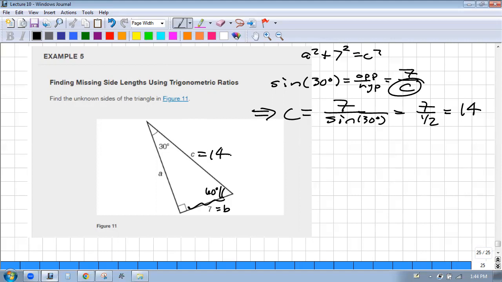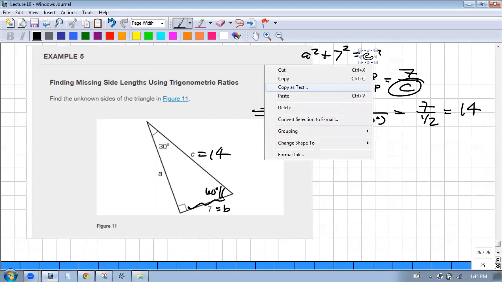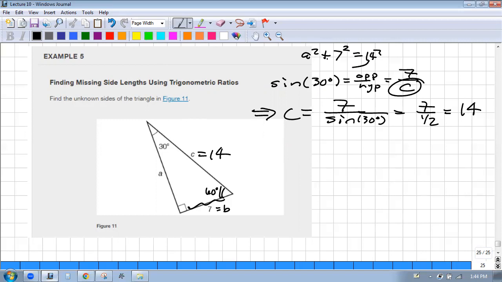Now that I know what C is, I could use the Pythagorean theorem to solve for A. Or I could just say, cosine of 30 degrees is adjacent over hypotenuse. Let's see, where's 30 degrees? Here's my adjacent side, and my hypotenuse is 14.